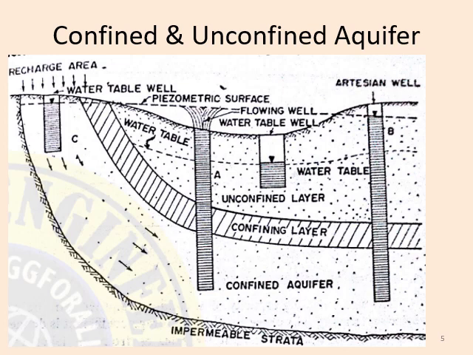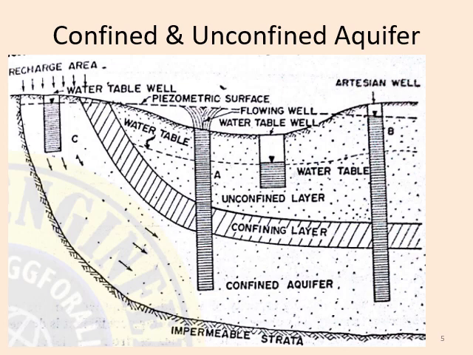Here also a well is penetrated, named C, here A, and at the right hand side B. So this C well is named a water table well. A well is also named a water table well or flowing well, because here water is naturally coming out.